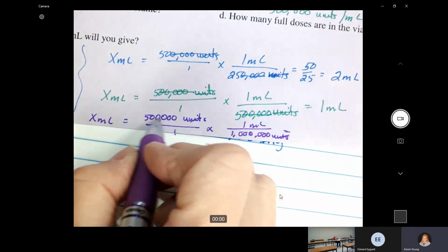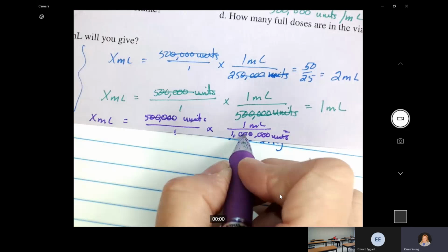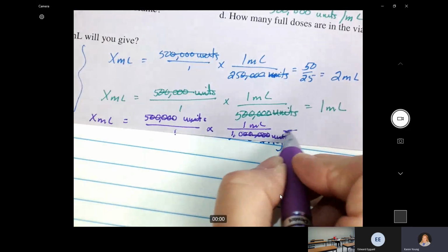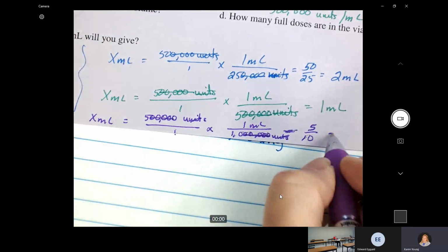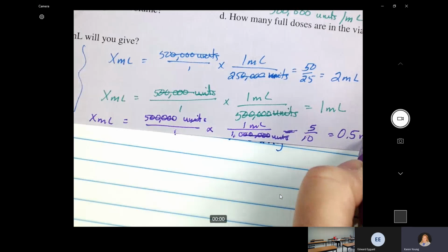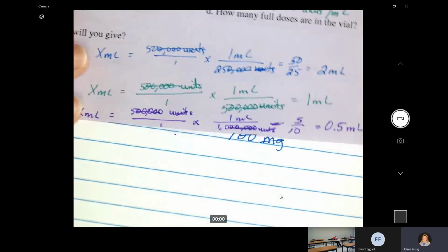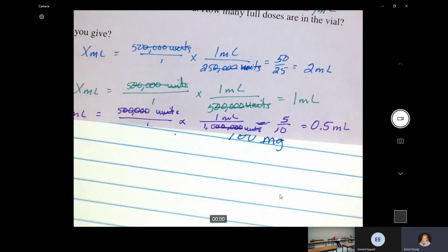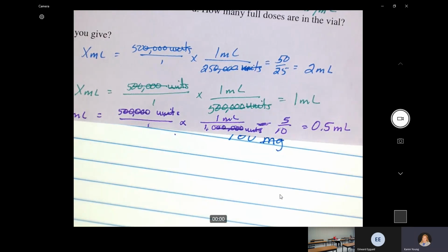I have 5 zeros on top, so I cancel 5 zeros on bottom, which gives me 5 over 10, or 0.5 milliliters. So no matter which one you chose, and you come up with the right answer, either the 2 milliliters, 1 milliliter, or half a milliliter, you're still going to get the 500,000 units.